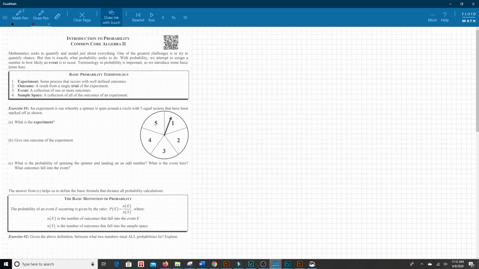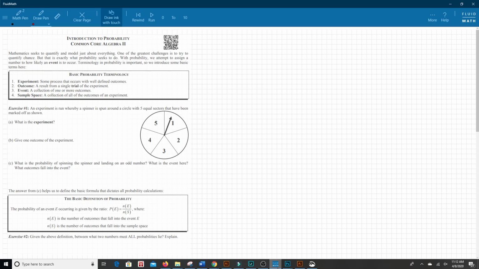Well, simply stated, the experiment here is the simple probability of the spinner landing on a certain number. Give one outcome of the experiment. So one outcome of the experiment could be 5. That's one outcome of the experiment.